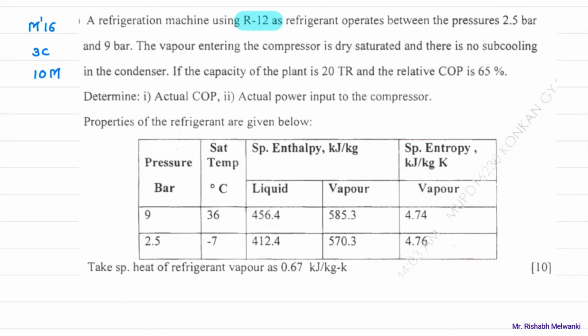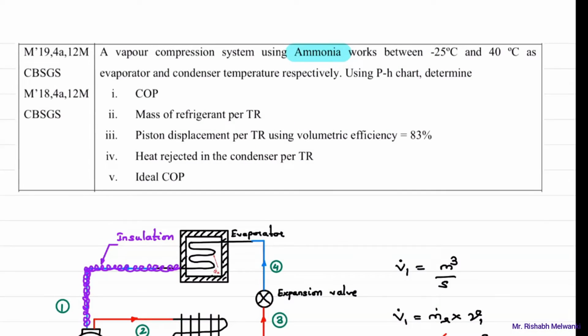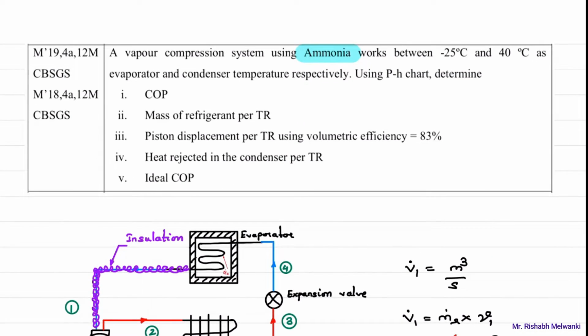In other cases, like the question which we had solved in the previous lecture, the value of CpV or CpL, the specific heat of vapor or liquid refrigerant, was not given. So whenever the CpV and CpL value is given, there we have to use the table method.